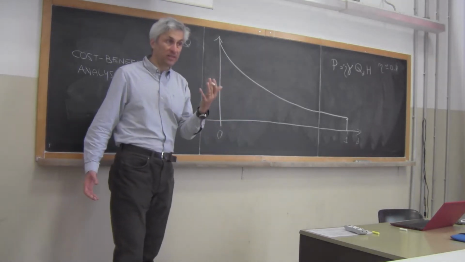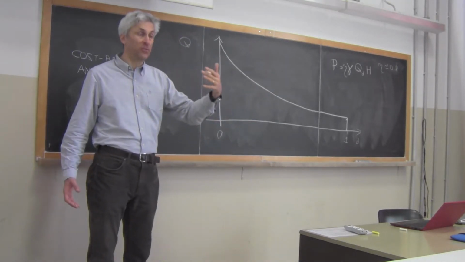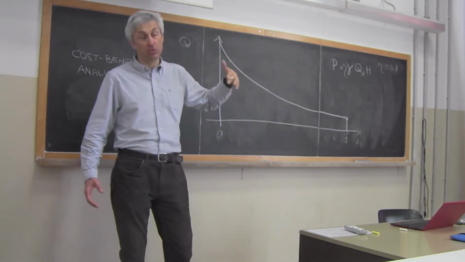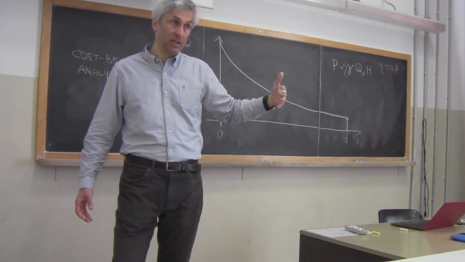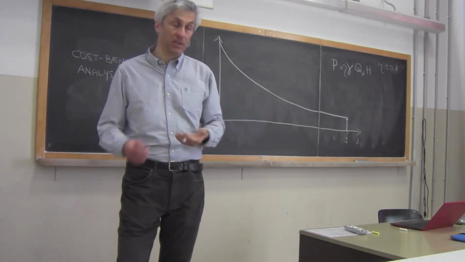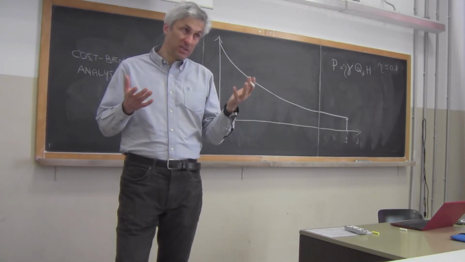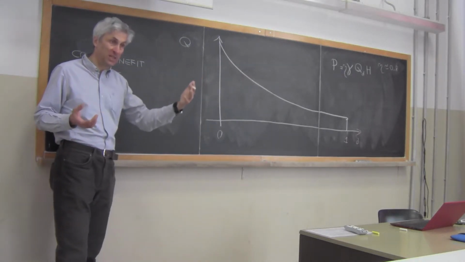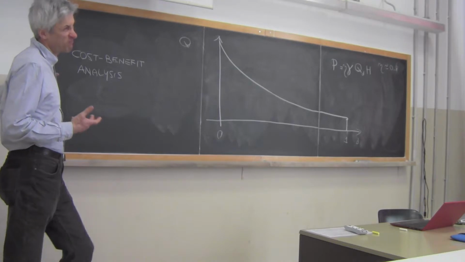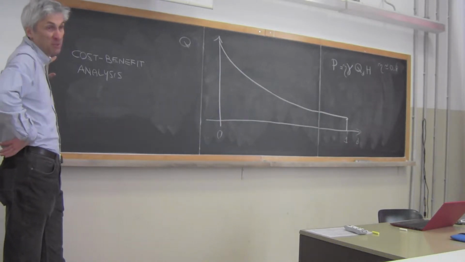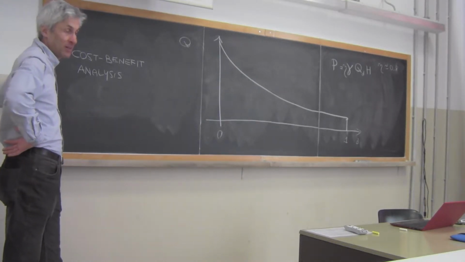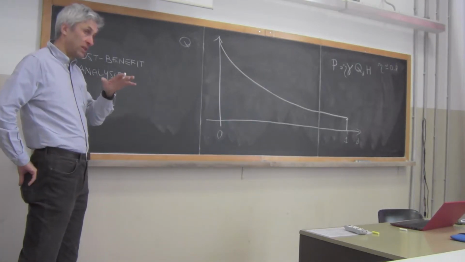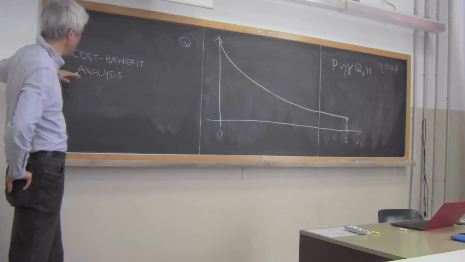So it's clear that the most convenient design flow is in between the highest and the lowest, as it always happens in a cost-benefit analysis. Usually you are placed somewhere in between, because if it was not in between, the cost-benefit analysis would be very easy, probably would not be necessary. Okay, so of course, to determine what is the most convenient, you have to do this.